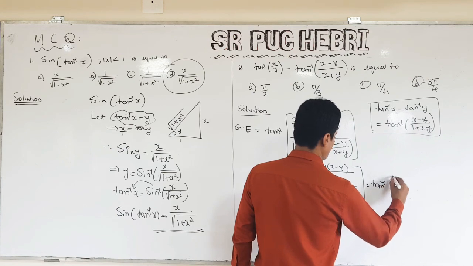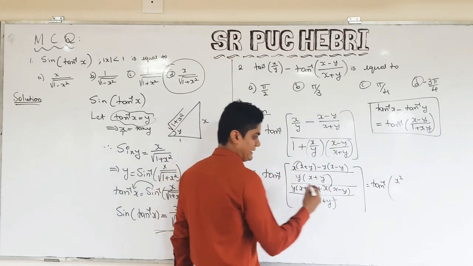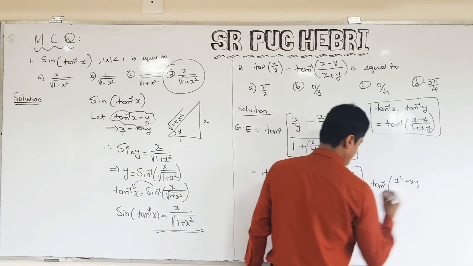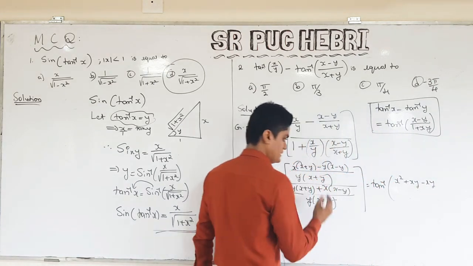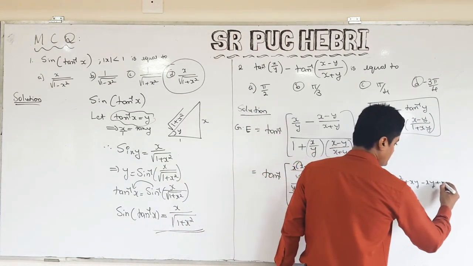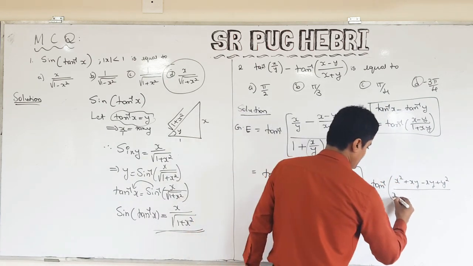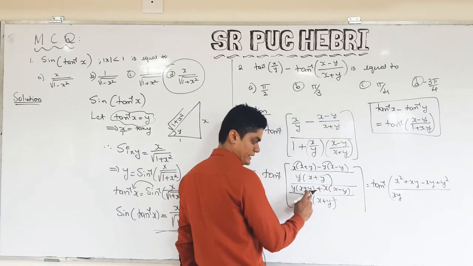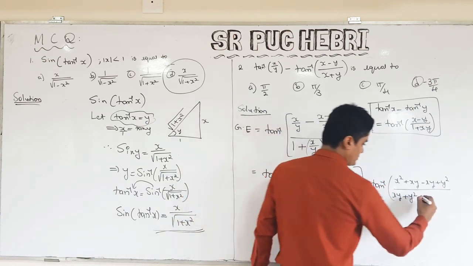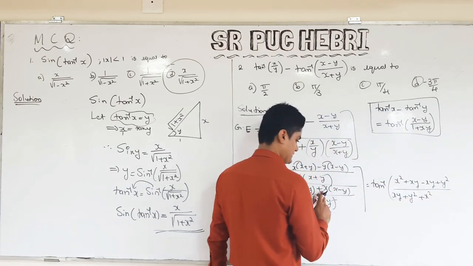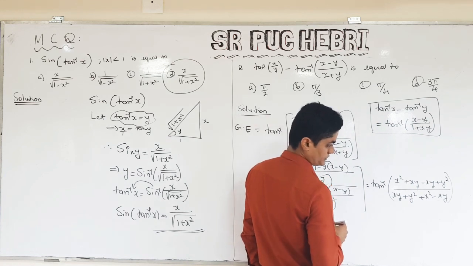Now multiply. Tan inverse of x square plus x into y, then this minus x into y plus y square, divided by, again same multiplication, x into y into y is y square plus x into x, so plus x square plus x y minus x y.